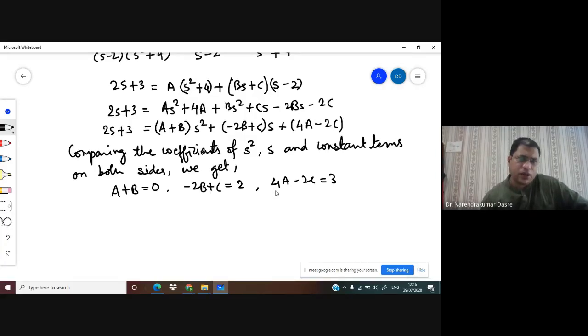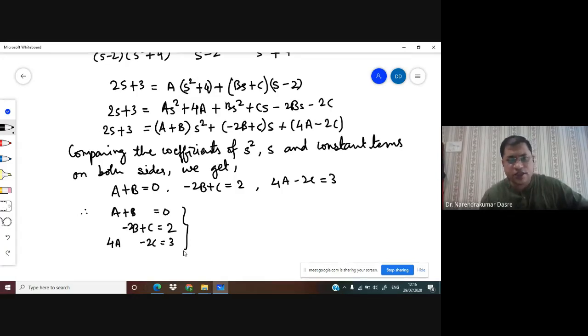If you write these three equations like this, we have a plus b is equal to 0, minus 2b plus c is equal to 2, and 4a minus 2c is equal to 3. Then this is a system of linear equations in three unknowns.